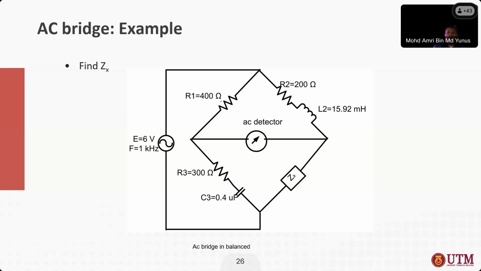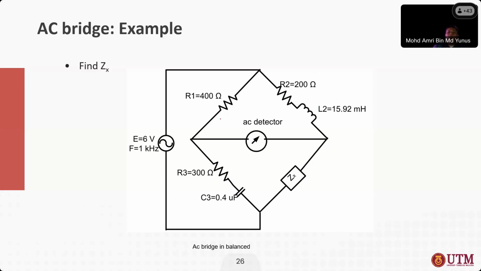So to find the Zx, assuming that the bridge is in balance, we need to estimate the reactance value for every arm or for every impedance set.